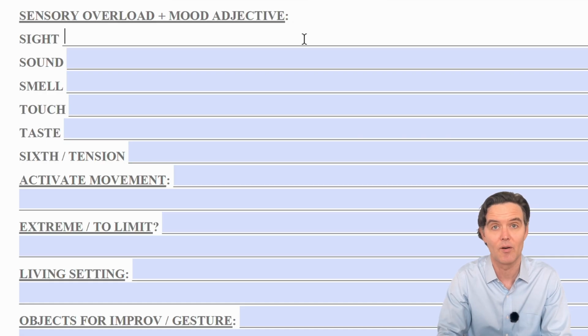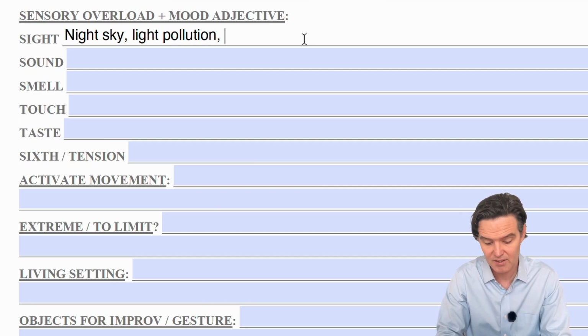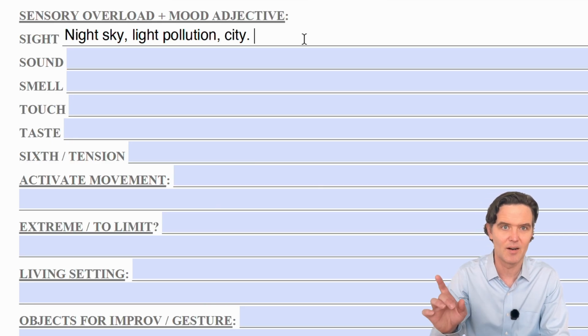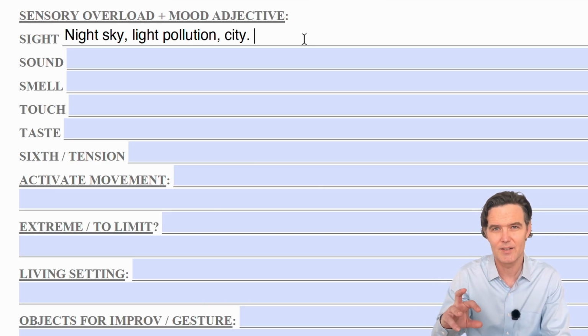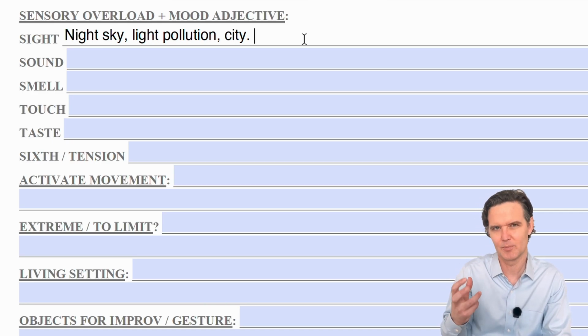So I wrote some notes down already for this, so I'm just going to copy them out. For sight, I have night sky, light pollution seeping up into the sky, the city below. And the second part of the sensory overload is that you also can give it a word or adjective that captures what that sensory experience means.